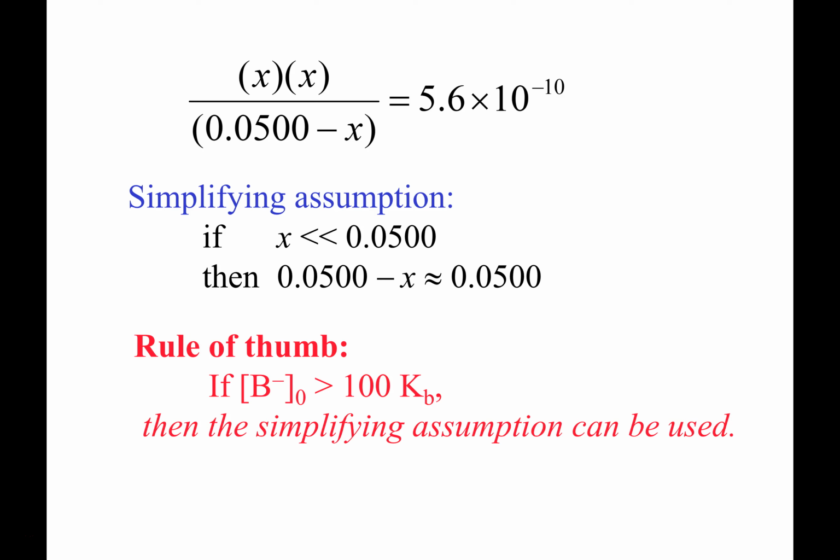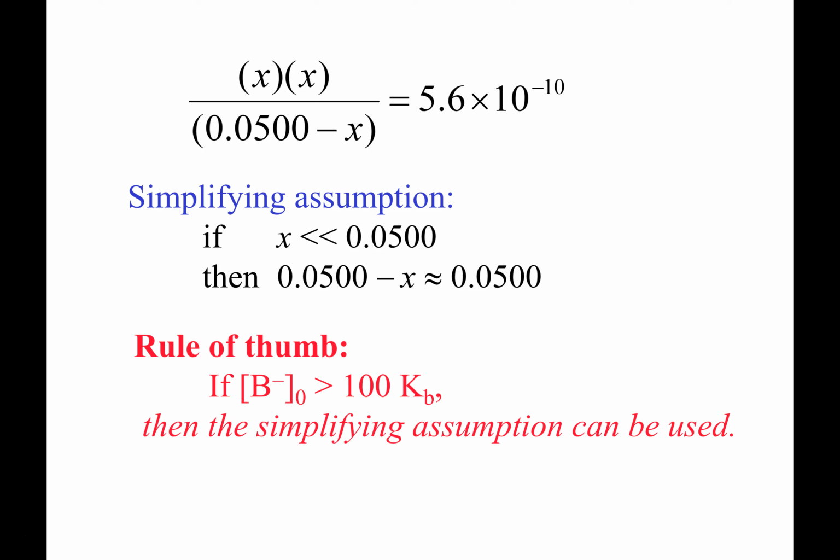This thing in red, copied and pasted from an earlier slide, the rule of thumb is about 100. So you take your Kb times 100, and the molar concentration of your weak base, in this case the acetate ion, needs to be greater than that.